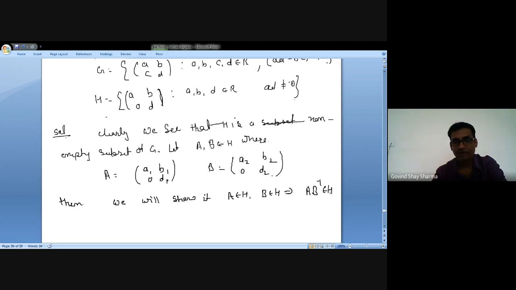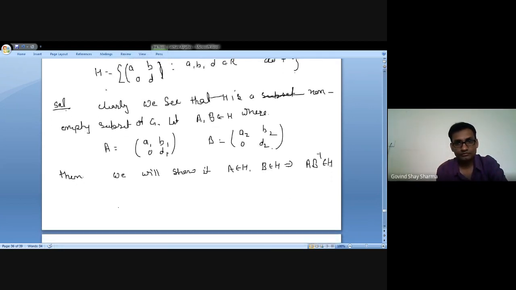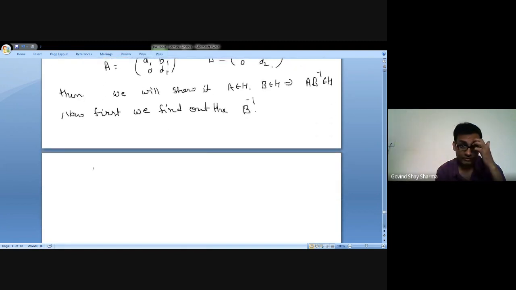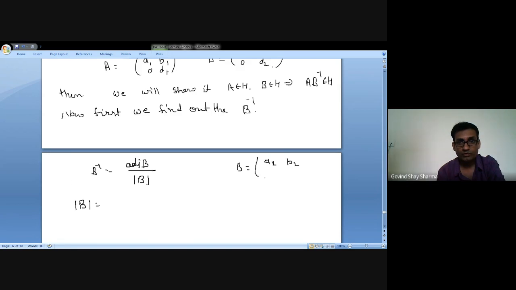Now, first we find out B inverse. B inverse is equal to adjoint B upon determinant of B. The determinant of B, where B is a2 b2 0 d2, becomes a2 d2, and it is given that a2 d2 is not equal to 0.